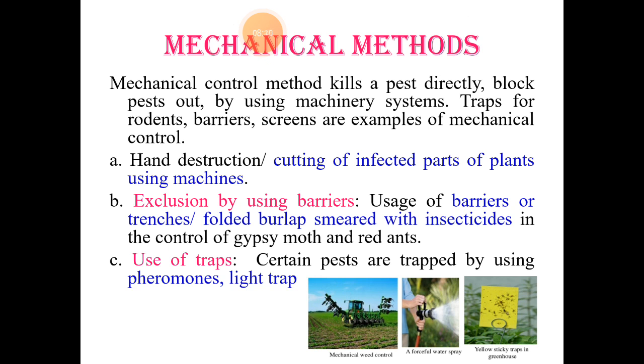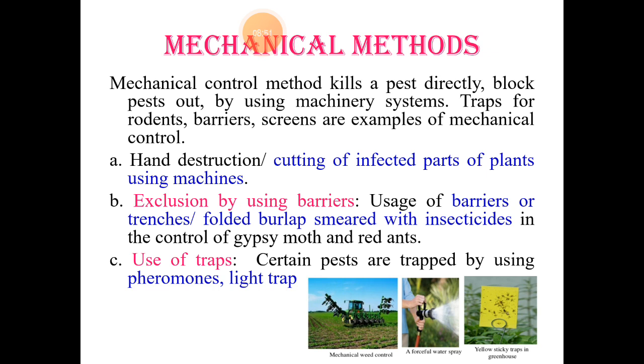Further, to ease our understanding, to cut the infected parts of plants in a given area, we make use of machinery like knives or any iron metal. So these act as a machinery system. Similarly, barriers are another type of mechanical parts in the path of these pests, thus their population gets decreased.